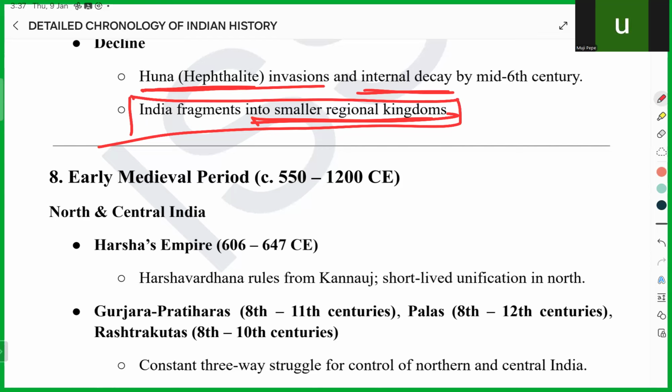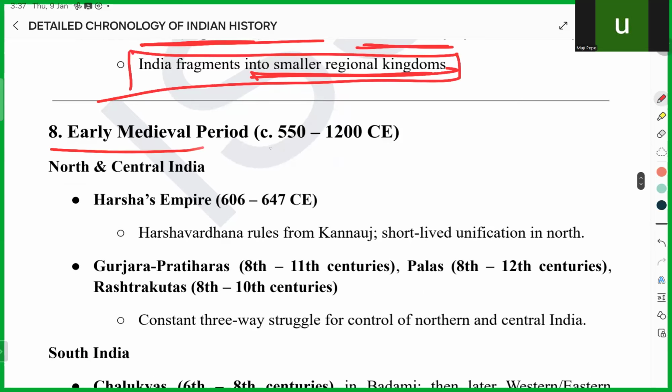We are not from Central Asia. We are continuously here, and that's okay. Some people say that the Rajputs are Scythians. Some people say they were here since the beginning. Okay. Anyways, now early medieval period.